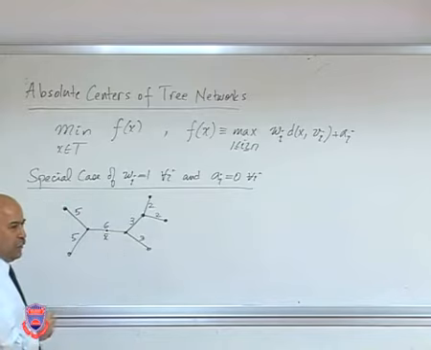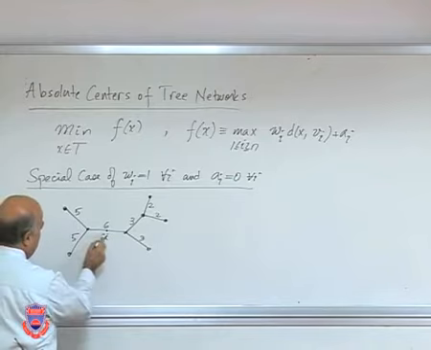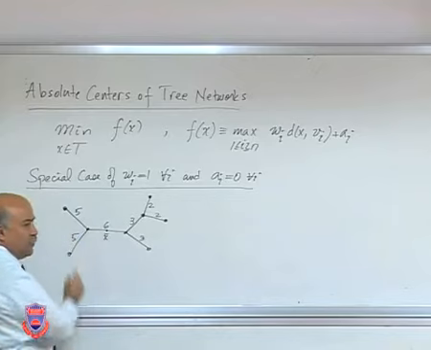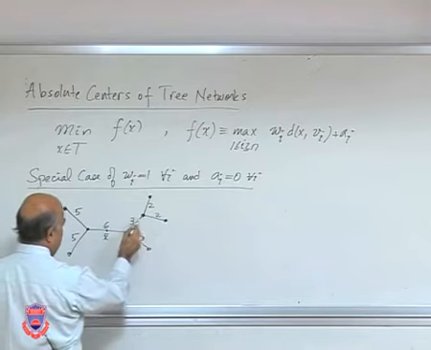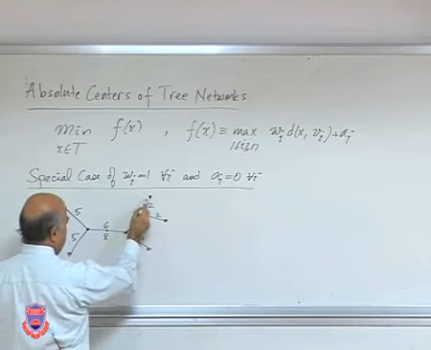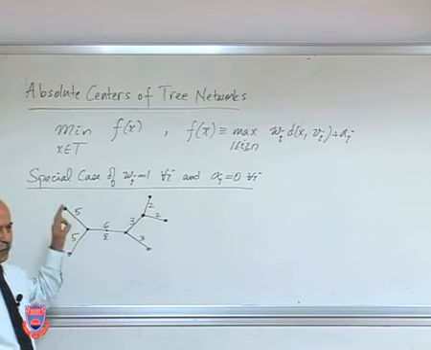X bar, for example, is the minimizer. Why? Because when you're here, you have a distance of 3 here plus 5, which is 8. And then you have also 3 plus 3, which is 6, plus 2 is 8. So you have 8 both ways.